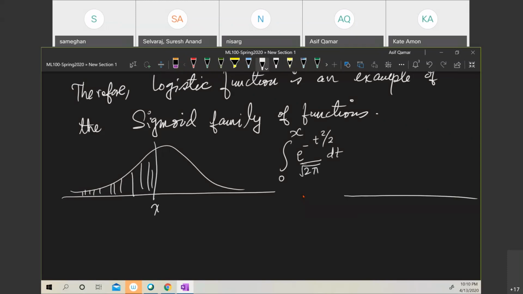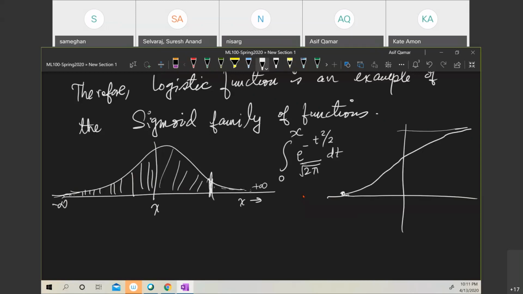So when x is minus infinity, what is the area under the curve? It's 0, isn't it? There is no area under the curve. And when x is equal to plus infinity, the total area will saturate, because after a certain limit, the area behind it does not increase, right? It saturates. So this function also shows a sigmoid kind of behavior.